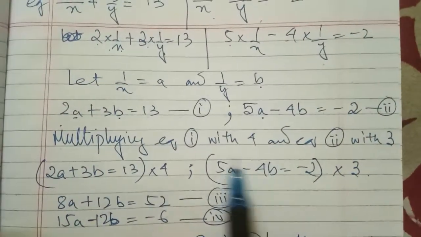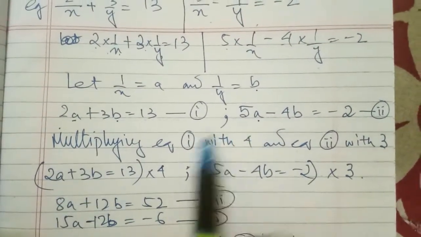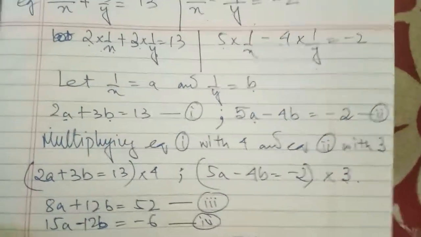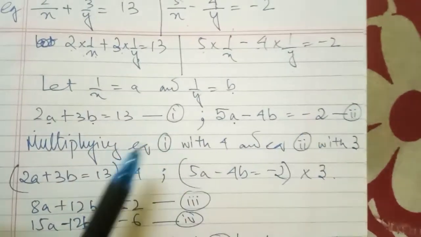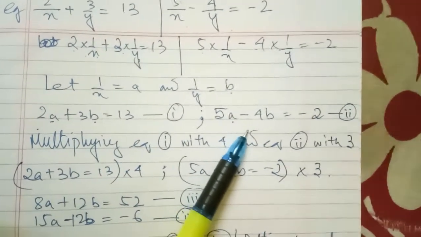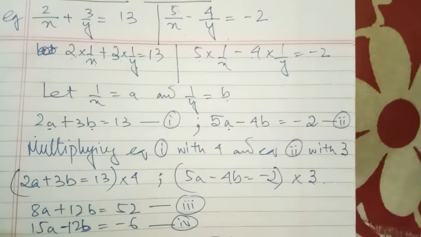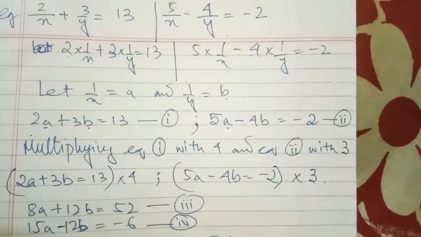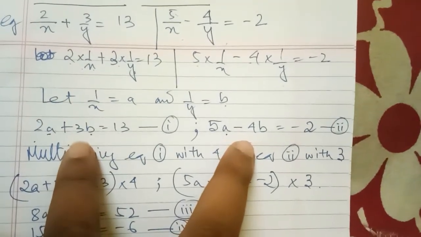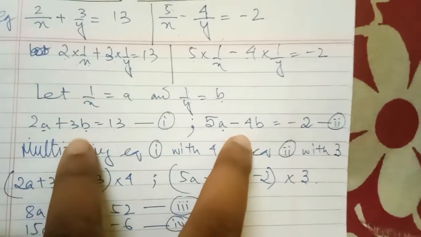What I have done is, I made the coefficients of a and b the same. Why? Because last day we discussed that one has plus and the other has minus, so that we don't have so much of a problem to subtract. Now it will easily go by the addition method. I have shown it in the live class also.